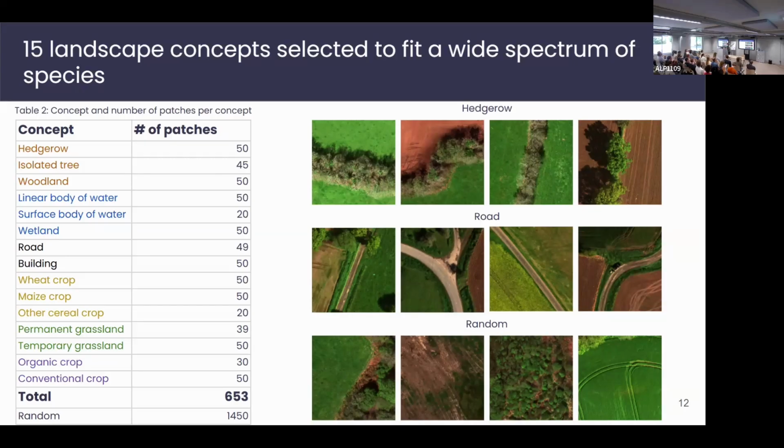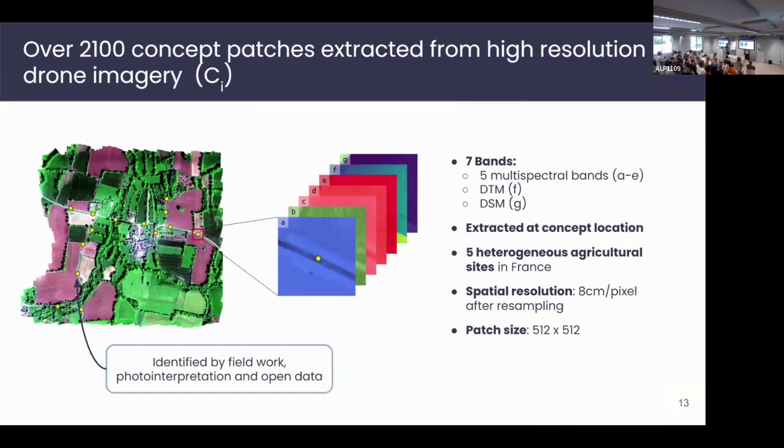We have wooded elements, for instance hedgerows, you can see an example. We have water elements, infrastructure elements such as roads, crop elements, grasslands, and farming practices with organic and conventional crops. And we also have quite a lot of random patches, and you'll see very soon why they are important.